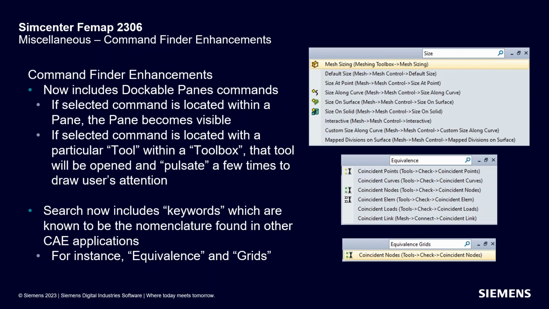So it now knows other words that are common in other FEA applications. So like grids, that's a common thing, like Astron nomenclature. So it knows that if you're looking for a grid, you're probably looking for a node. So it pulls up node related tools or operations.